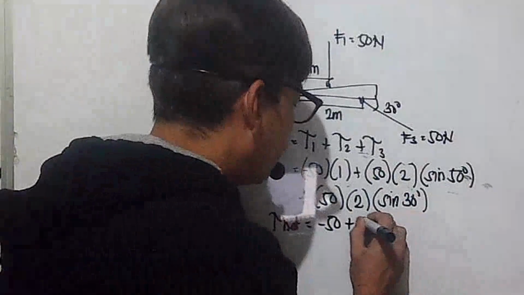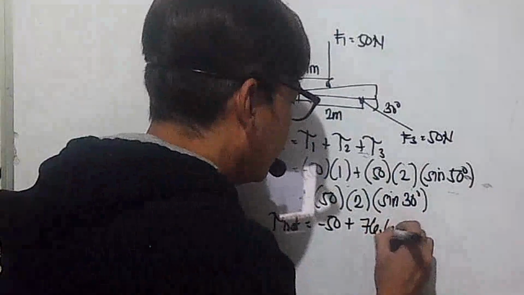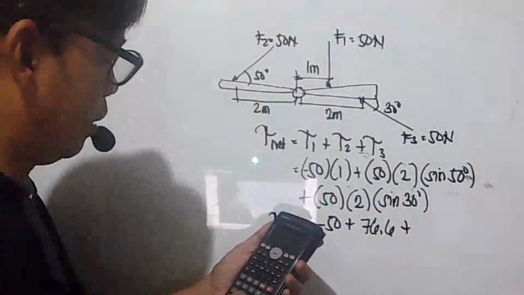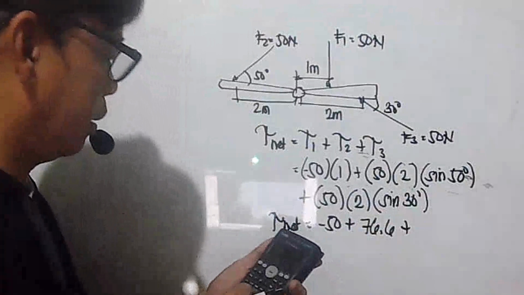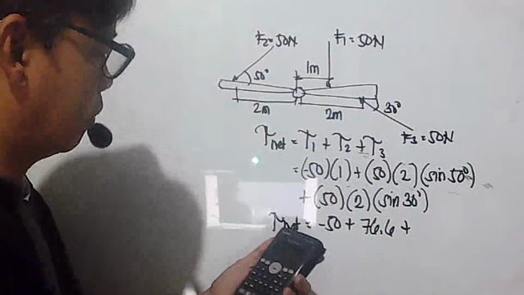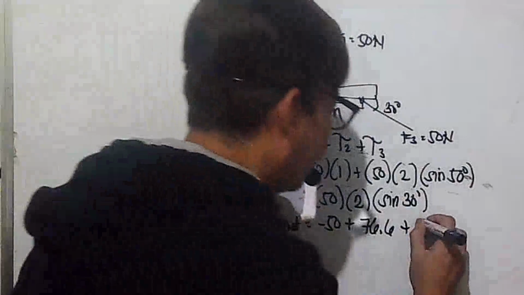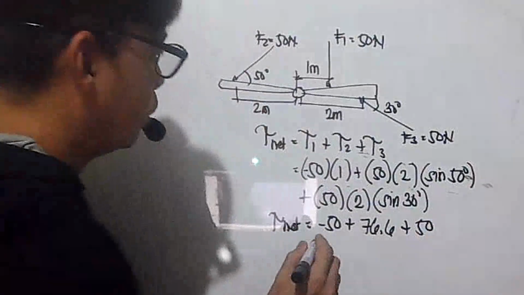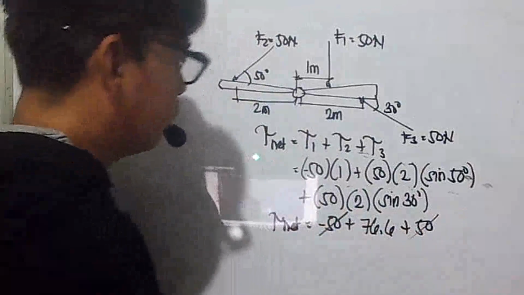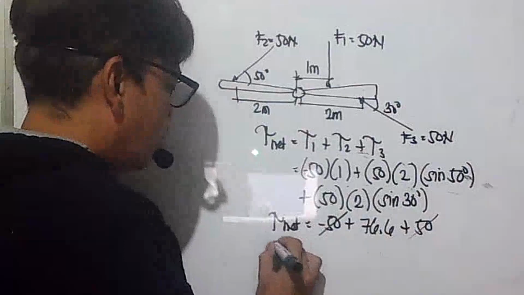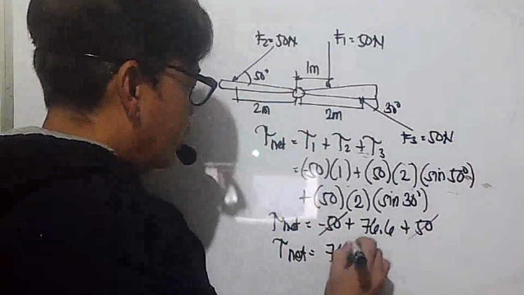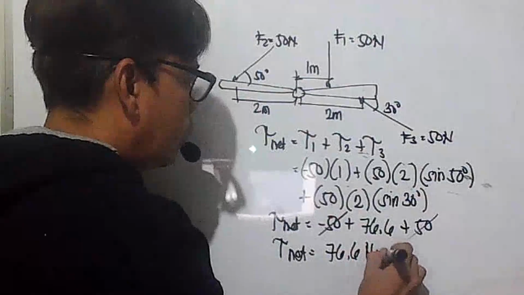So plus 76.6, and then plus 100 multiplied by sine of 30 degrees, which I think is 0.5. Yes, I'm right, it is 50. So solving it, canceling negative and positive, we get positive 76.6. So the net torque of the system is equal to 76.6 newton meter.